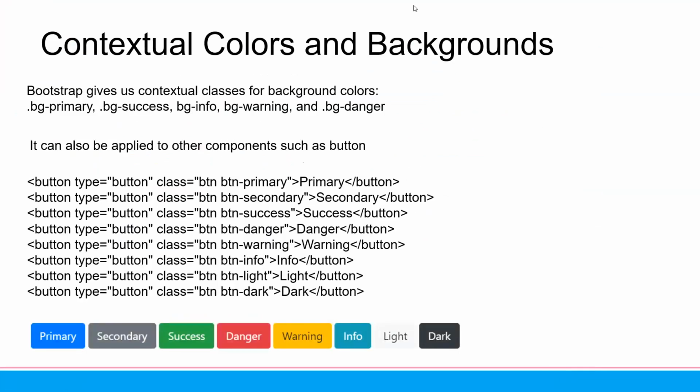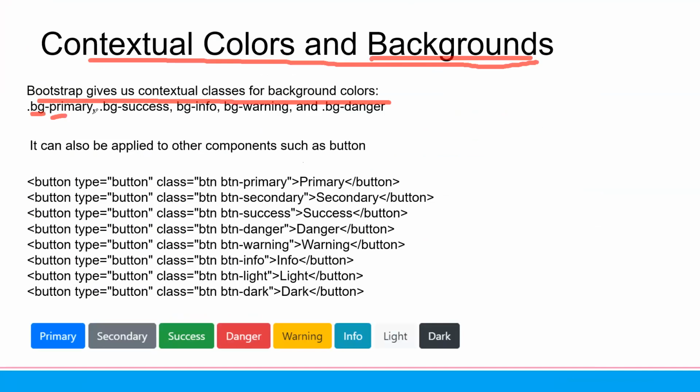I think I will just give you the basic things. This is about the color and background. Bootstrap gives us contextual classes for background classes. So if it is related with the backgrounds, then you can just specify bg, and then you can specify what kind of color you want to present.